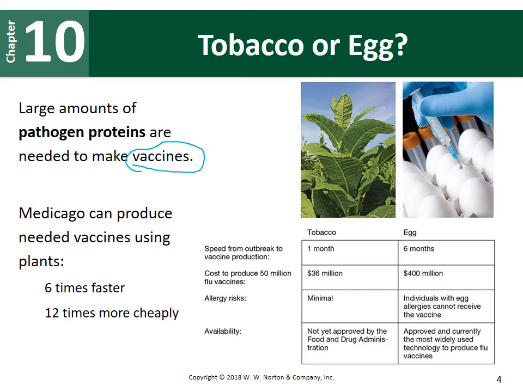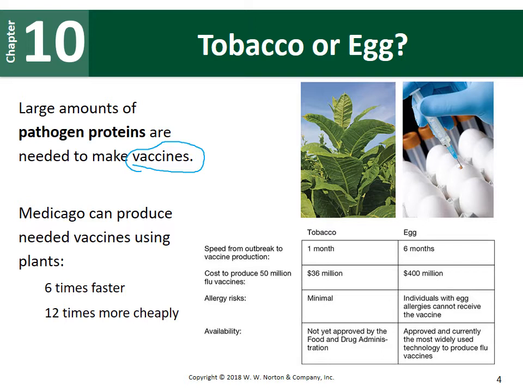So many people are getting the flu vaccine, but in previous years we have actually run out of flu vaccines, or people would have to wait in order to get it, which can put everybody at risk for complications from influenza.